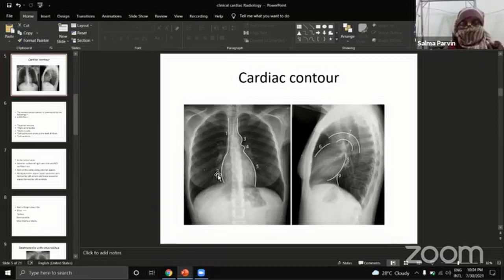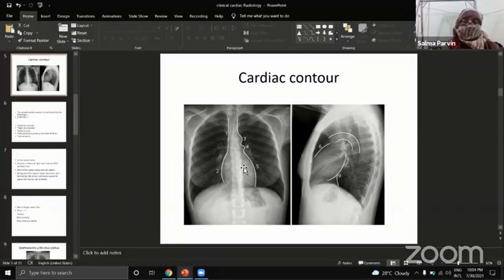The basal vessels are denser than the apical vessels. These are the branching vessels, and they taper toward the lateral third of the lung fields. This is the normal vasculature.